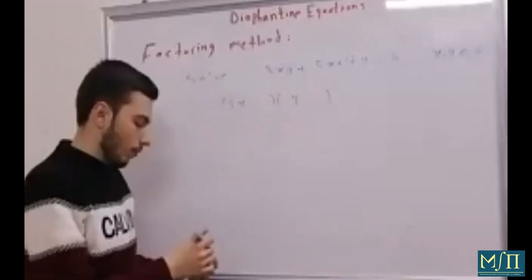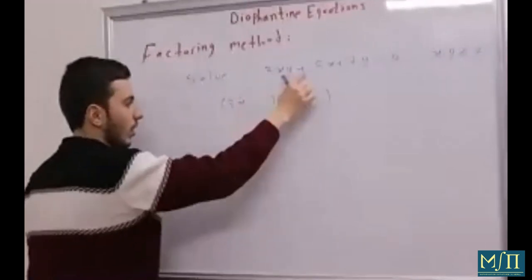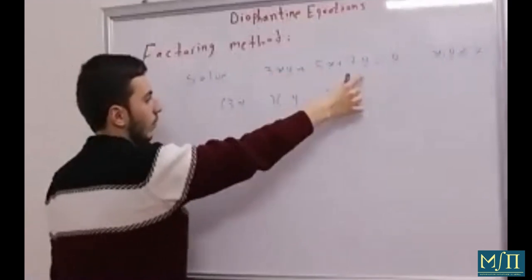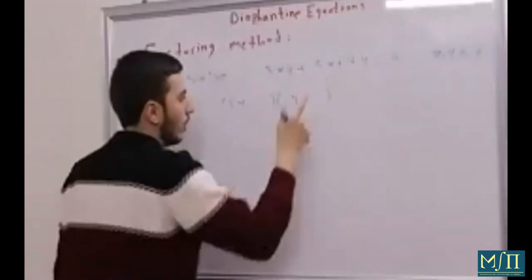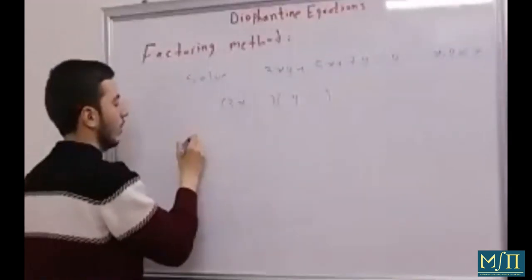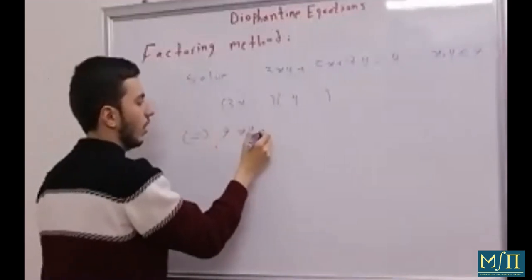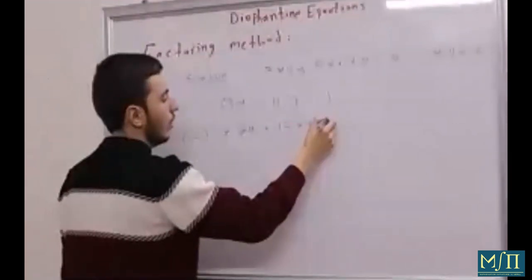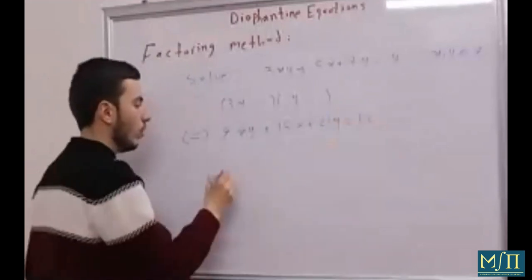So what will we do? We'll do a very simple trick, which is to multiply both sides by 3. Multiply the left-hand side and the right-hand side by 3. So we will get 9 times xy plus 15x plus 21y equals 12. Now we can factorize this.